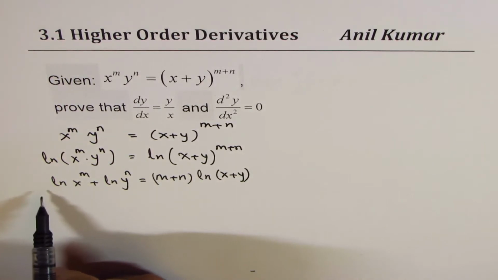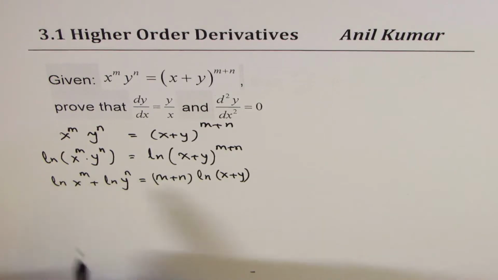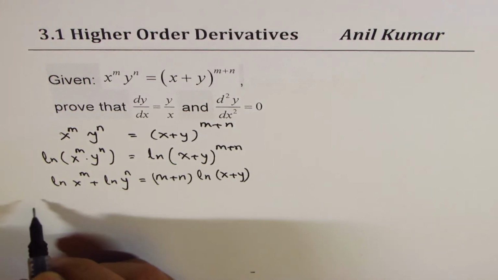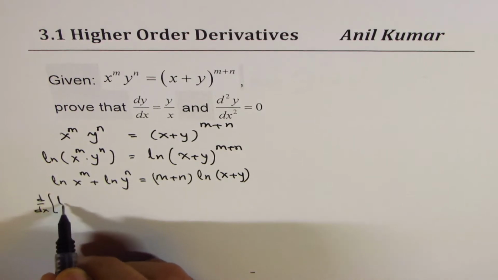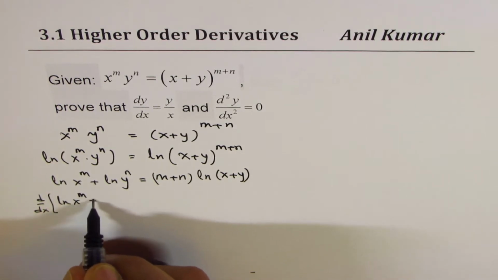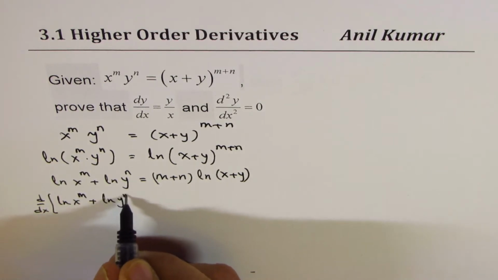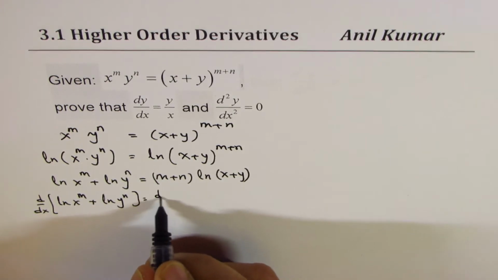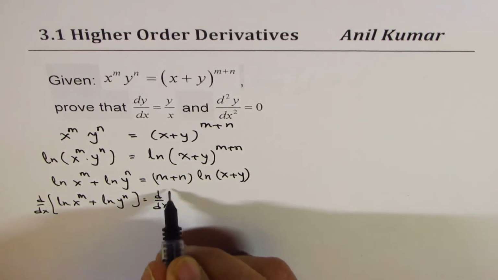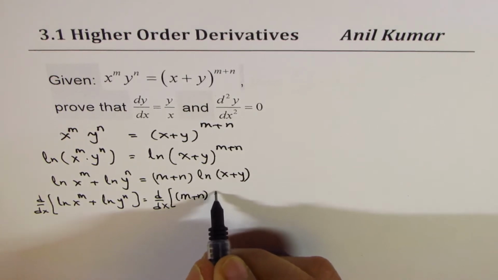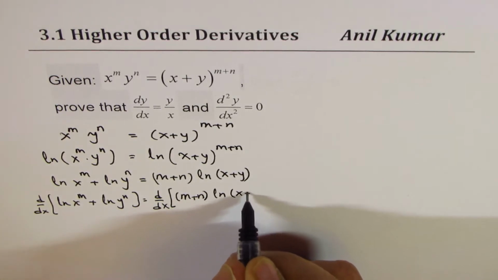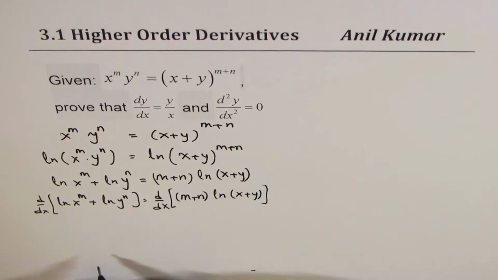Now we'll differentiate both sides with respect to x at this stage. So what I'm trying to say here is that we'll do d/dx of the left side, which is ln x to the power of m plus ln y to the power of n, and d/dx of (m plus n) times ln of (x plus y), correct?